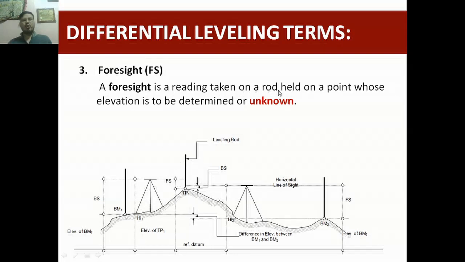Any point where we take a reading and its elevation is unknown, that is foresight. Even if your point is behind you, if its elevation is unknown, that sight is what we call foresight.